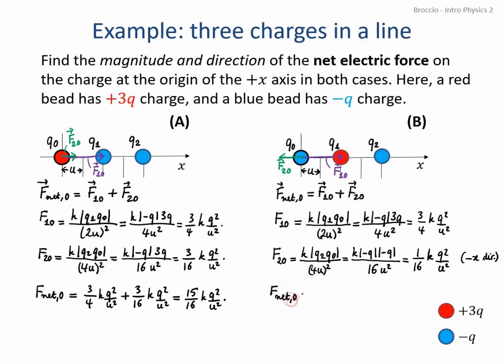So F net 0 is now 3/4 k q squared over u squared minus 1/16 k q squared over u squared, so 11/16 k q squared over u squared. In the next video, you will see a two-dimensional example.